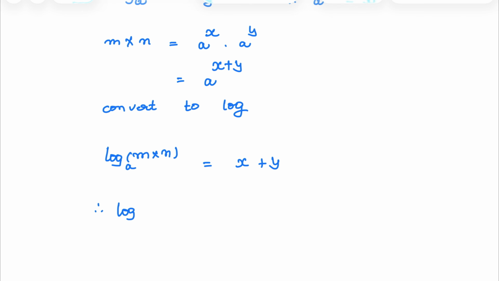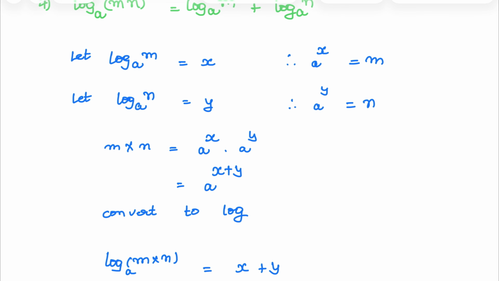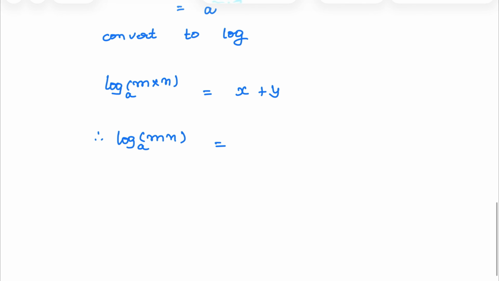Therefore, log mn base a equals x plus y. What is the x value? The x value is log m base a, plus the y value, log n base a.